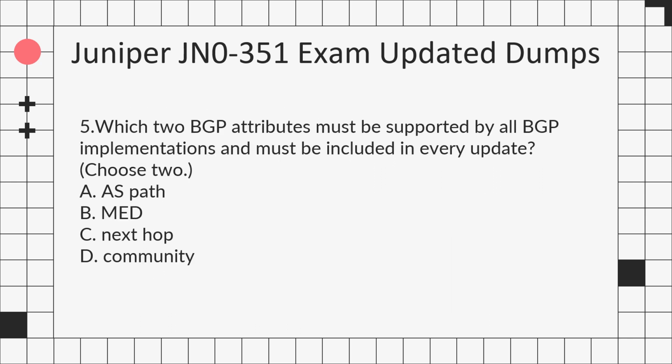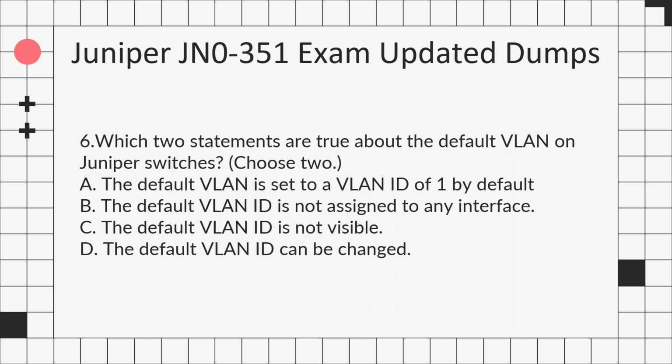5. Which two BGP attributes must be supported by all BGP implementations and must be included in every update? Choose 2. A. AS path. B. MED. C. Next hop. D. Community. 6. Which two statements are true about the default VLAN on Juniper switches?